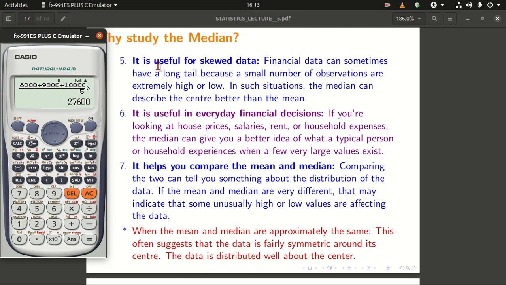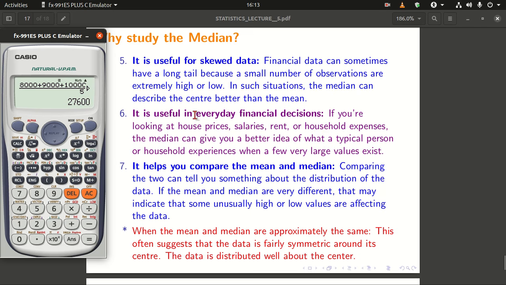So it also gives you that picture of where the data is skewed. Do we have so many numbers very low, or so many numbers very large, or are we actually having balanced data? So it gives us the skewness of the data, and the median helps us balance there.